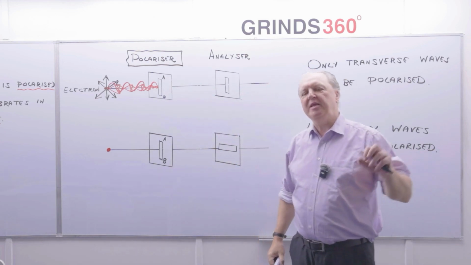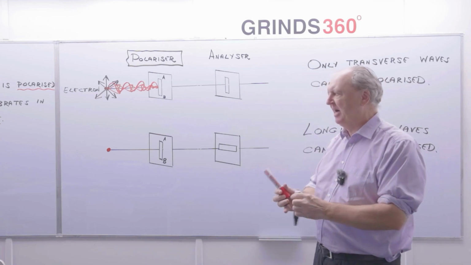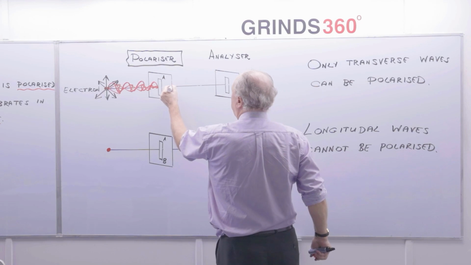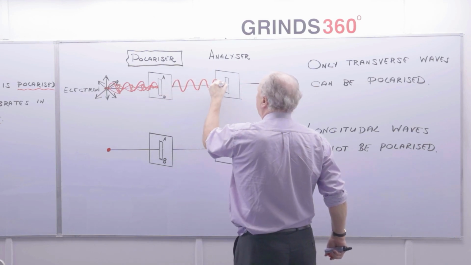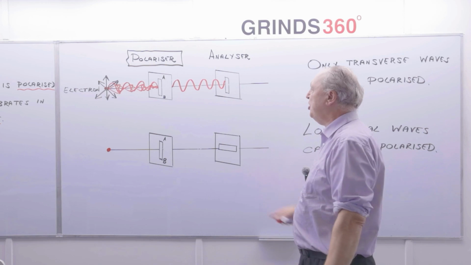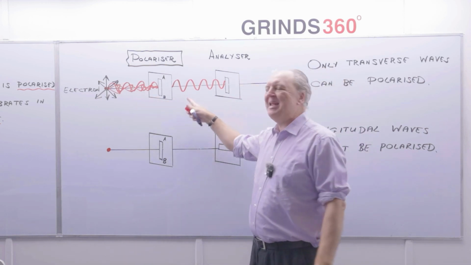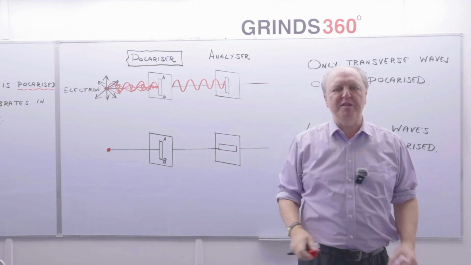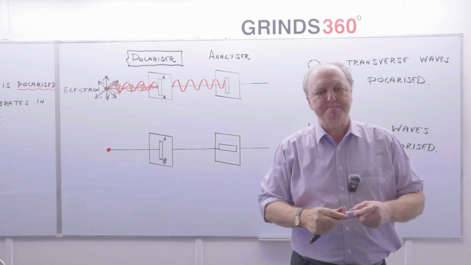It is only the wave in a plane parallel to that gap that will pass through. All the other waves will get blocked. So this vertically polarized wave will pass through. I've turned an unpolarized wave into a plane polarized wave by passing it through a little gap. It's only the wave that's parallel to that gap that passes through.